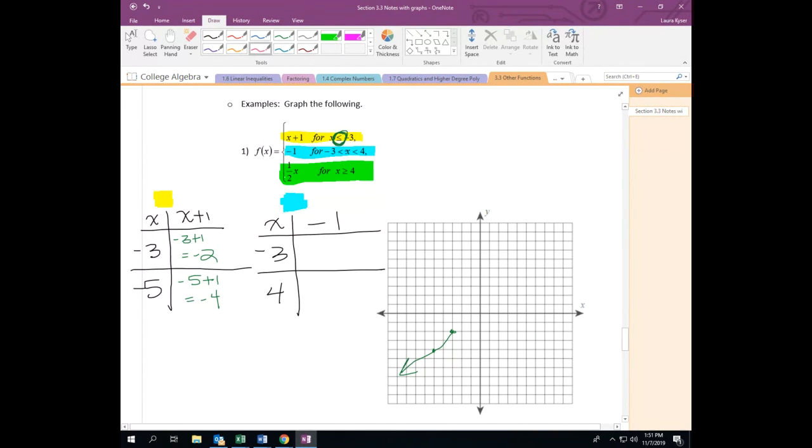So when you have less thans here, you can't use a solid point. You're going to have to use an open point. Only less than or equal to's and greater than or equal to's allow for solid points.